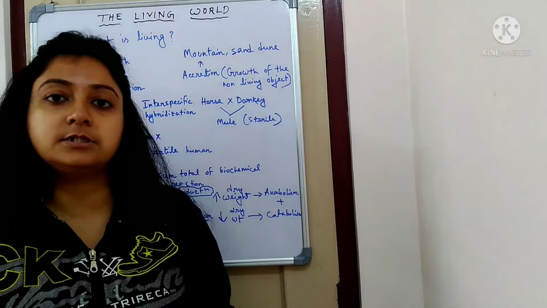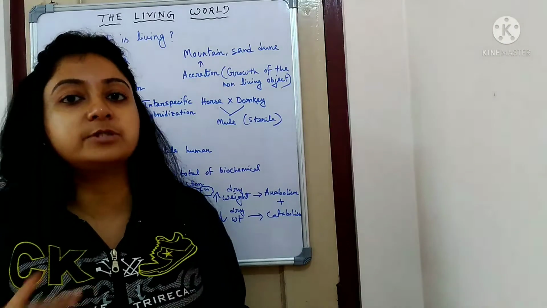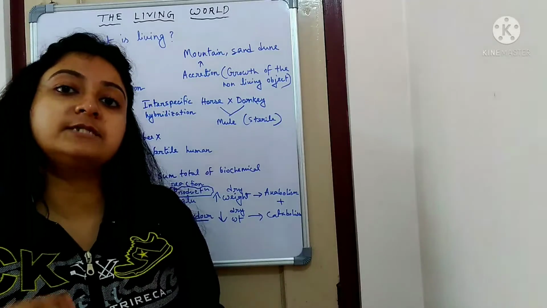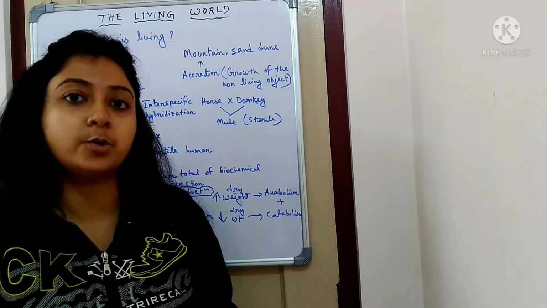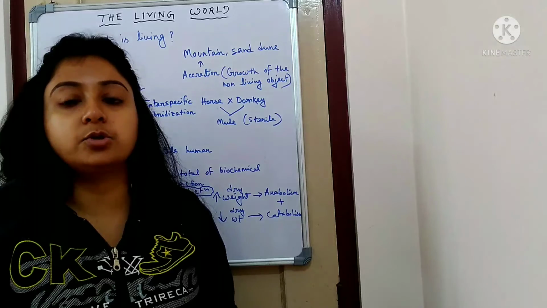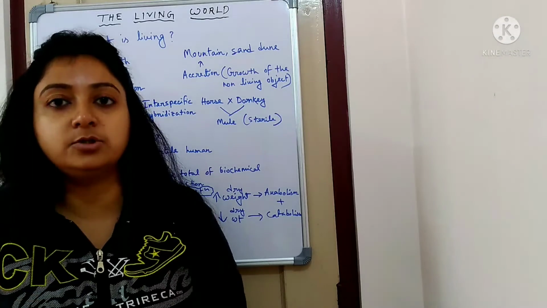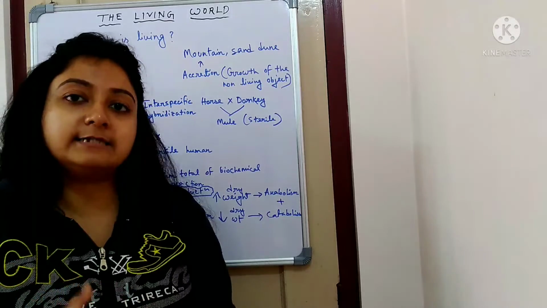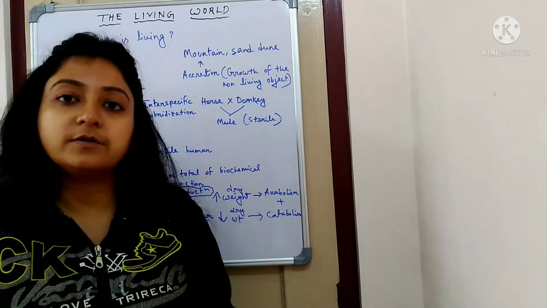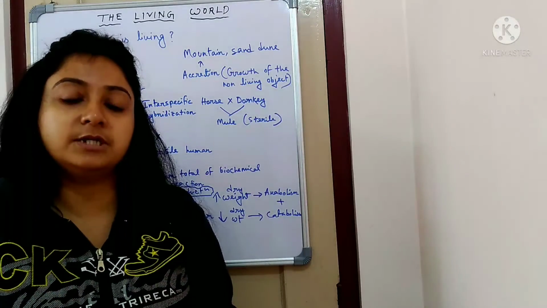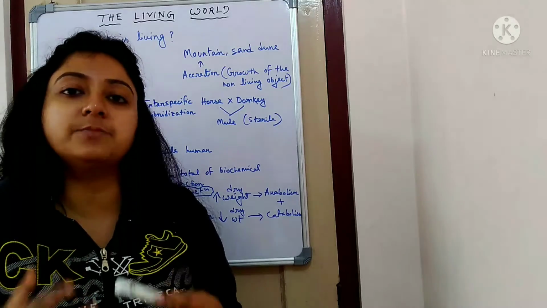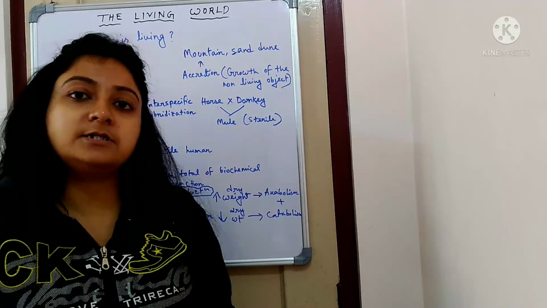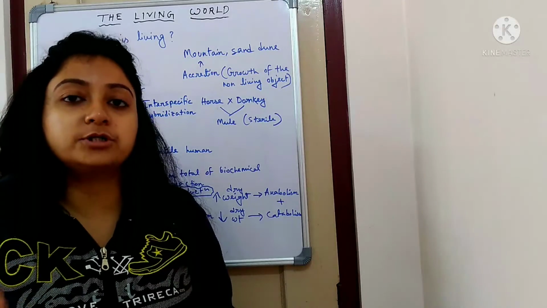These are the characteristics of living objects which are absolutely absent in non-living objects, as well as the presence of cellular apparatus, which is very important, because whether it is a unicellular organism, multicellular, prokaryote, eukaryote, plant cell, animal body, whatever organism it is, each and every organism is made up of cells. So the presence of cellular apparatus is also one of the main important features of the living object.